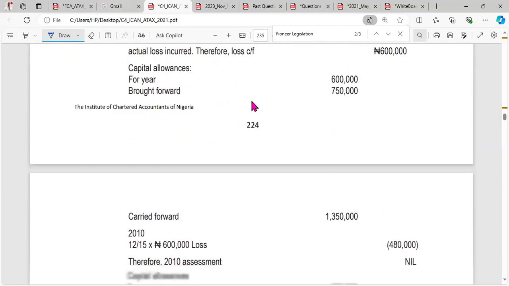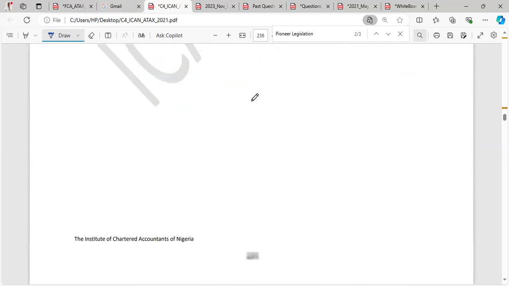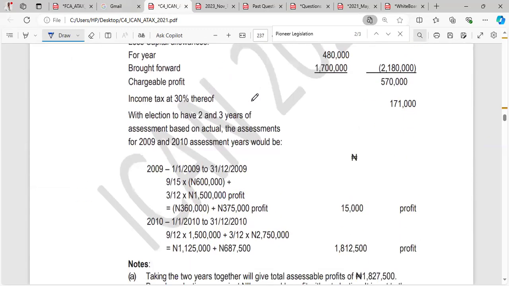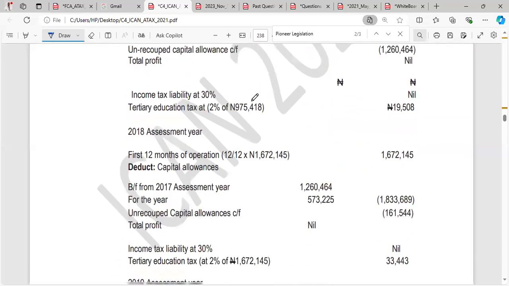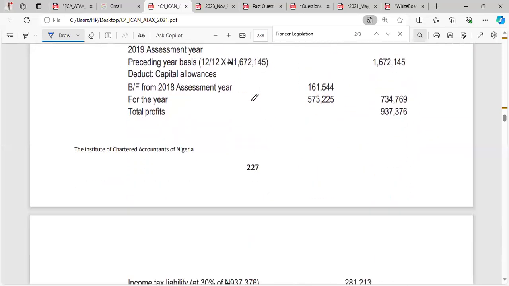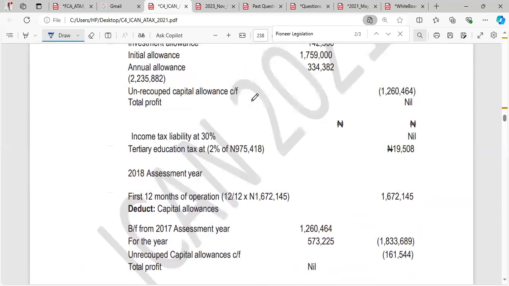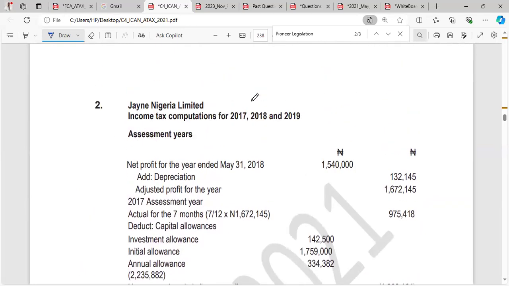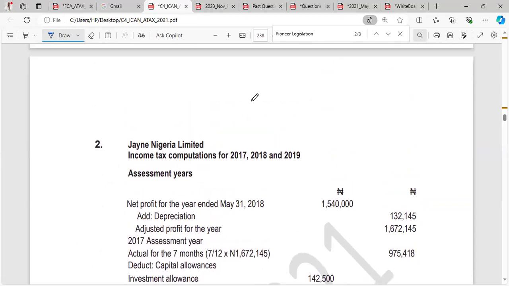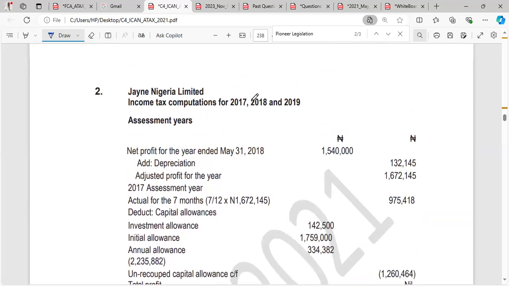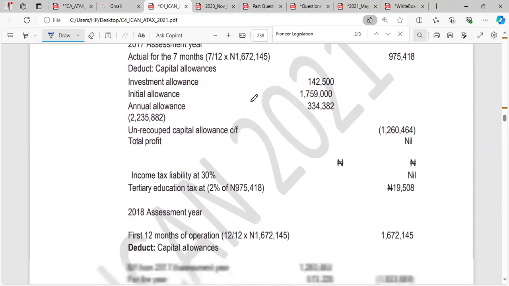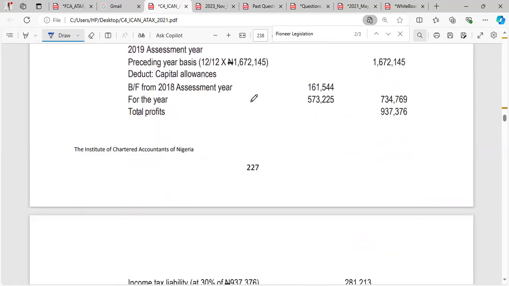This second one also is number one. The second one also has the Old Finance Act in it.